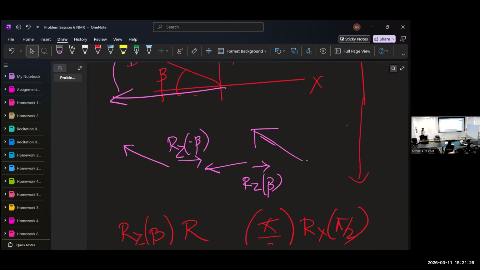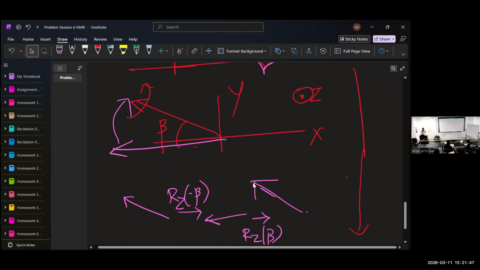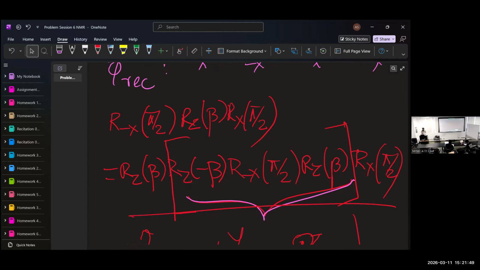That is not what you write here. It might be plus beta. I'm trying to discern if I got this the other way around. Can I see the equation again? This one?